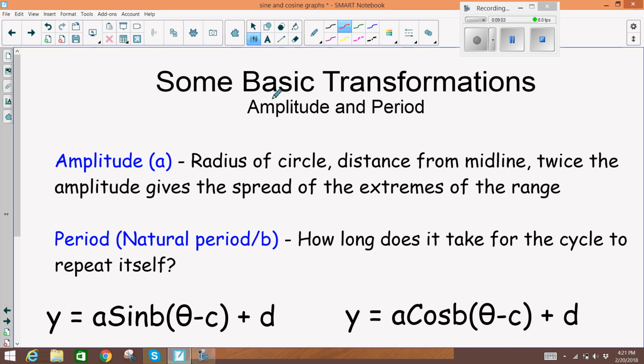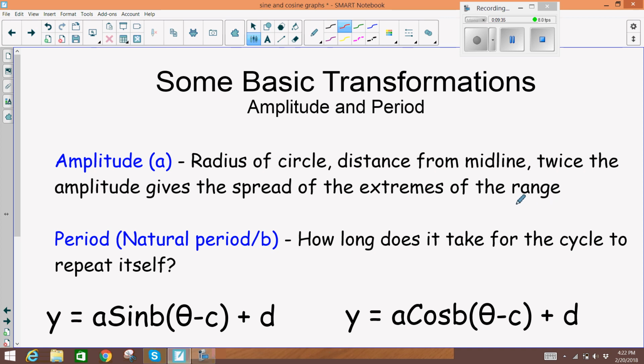A is the amplitude, which could refer to the radius of the circle, the length of the second hand that dictates how far the bug is above or below the starting line. We call that the midline. So A tells you how high up or how low down you go in relation to the midline of the graph.